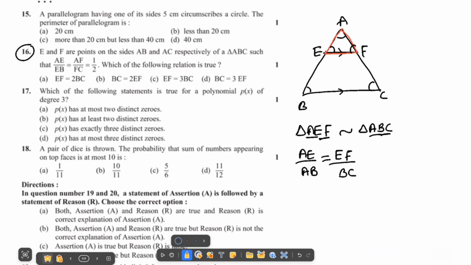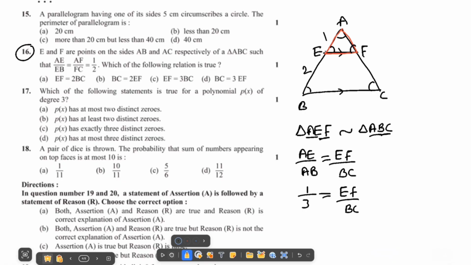Now let's write. What is the ratio of AE by EB? It is 1 by 2. AE is 1 and EB is 2. So now AE is 1, AB is 1 plus 2, 3. So 1 by 3 is equal to EF by BC.